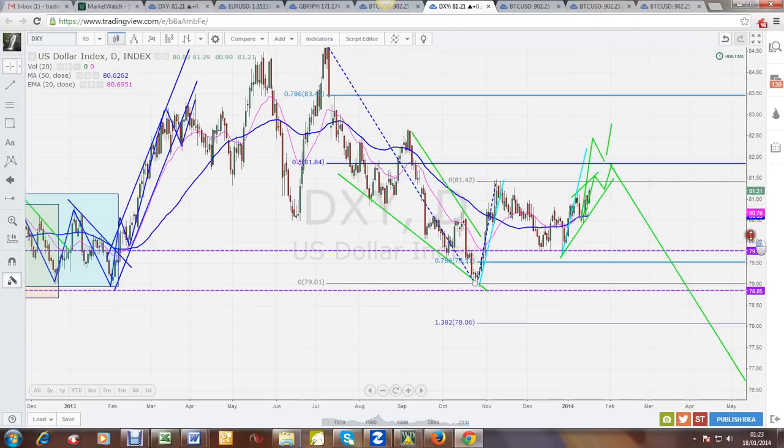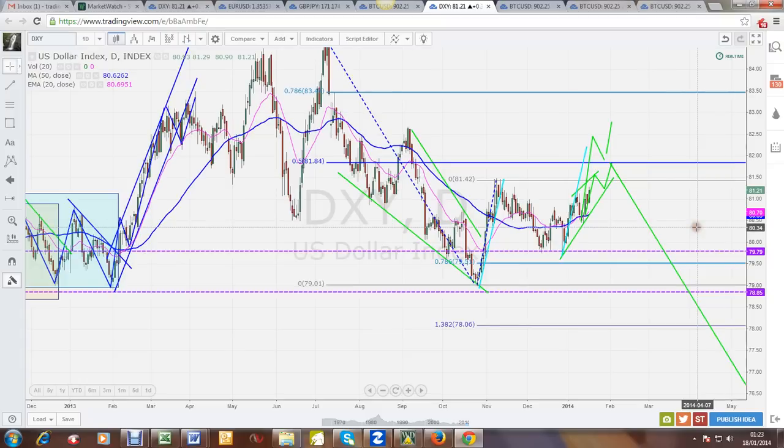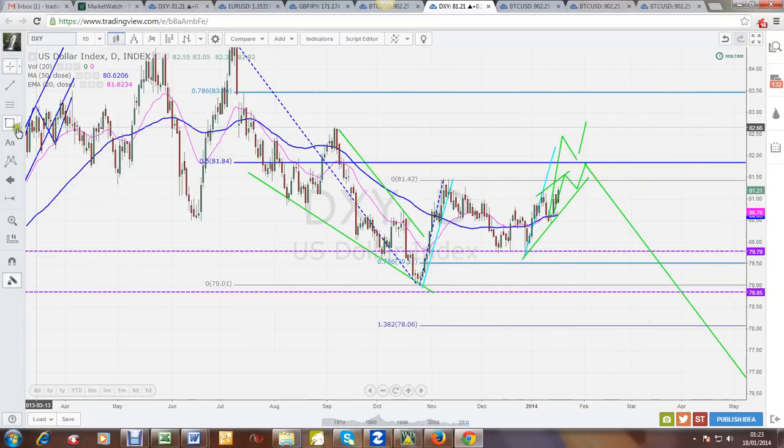And logic says that in order for this market that's going up to turn down, it must have a negative news. Otherwise, it's going to rocket up. That's what they say, right?